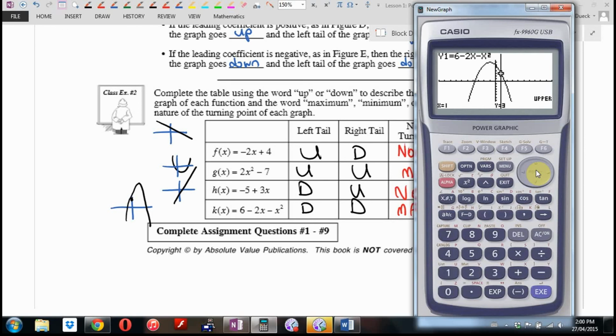I just typed 1. Now, black calculators, I'm not sure that'll work. I'll come back to you guys in a second. Then it wants an upper value. How about 2?